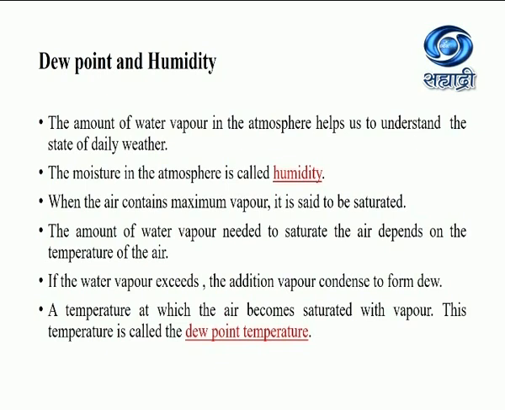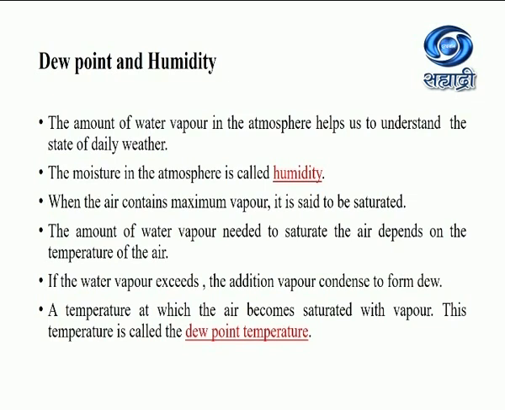The amount of water vapor required to saturate the air depends on the temperature of the air. If the temperature of air is low, less water vapor is needed to saturate the air. And if the temperature of air is more, more water vapor is needed to saturate the air. Suppose unsaturated air at a certain temperature is taken and its temperature is decreased.